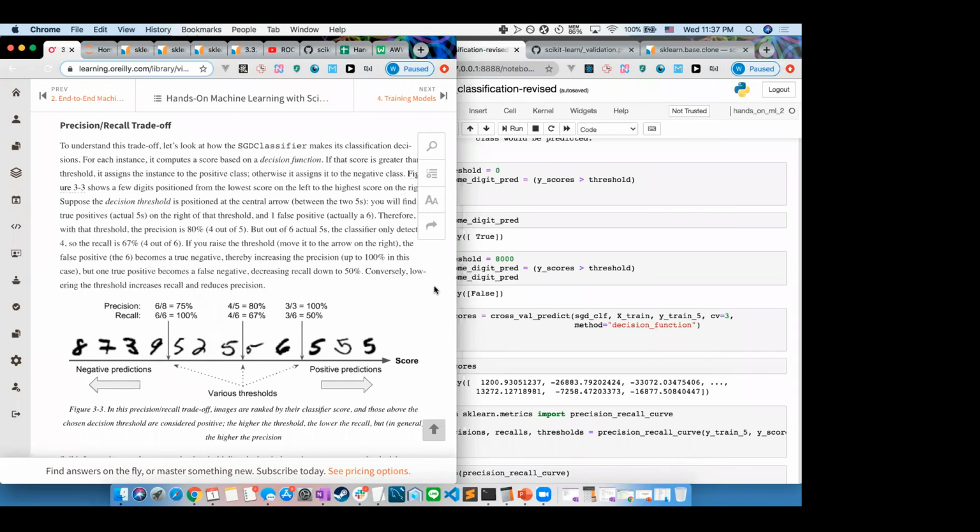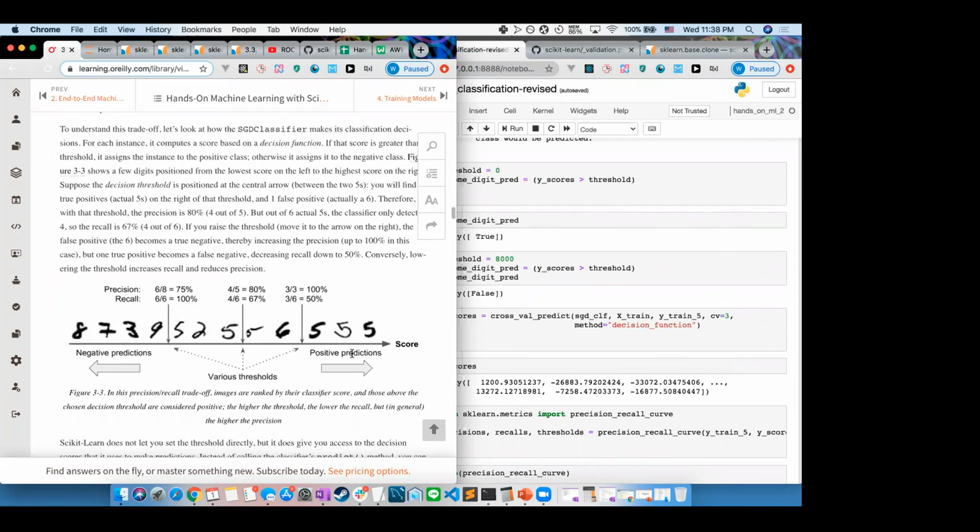Because if it's 0.7, if it's 70%, is it really a positive class or negative class? You have to set your own threshold. It assigns the instance to the positive class. Otherwise, it assigns it to the negative class.